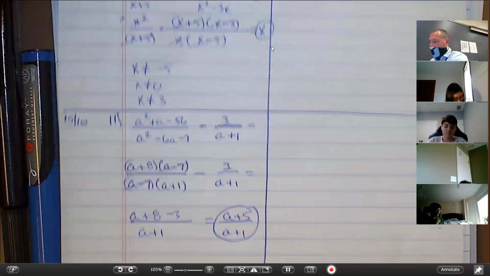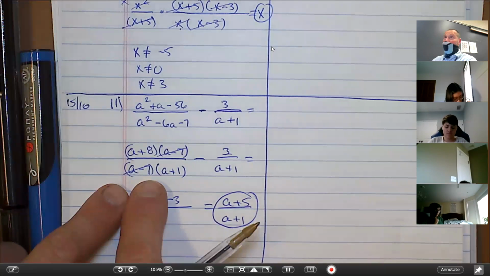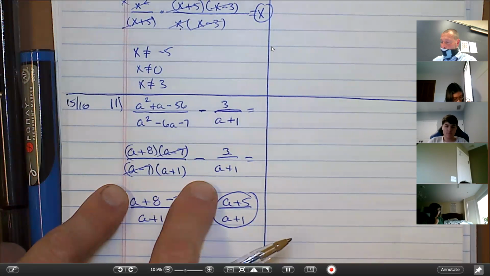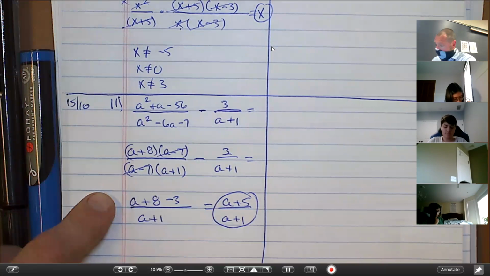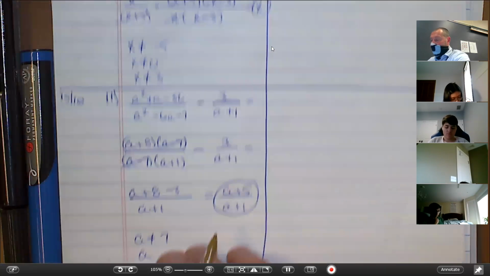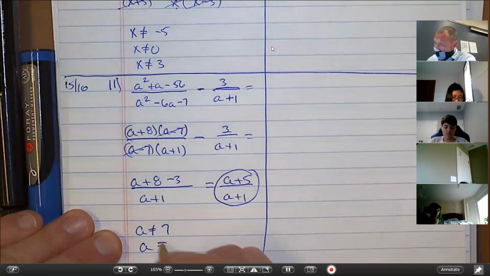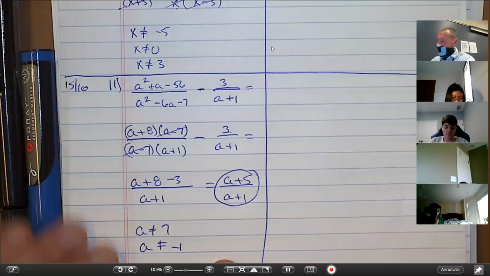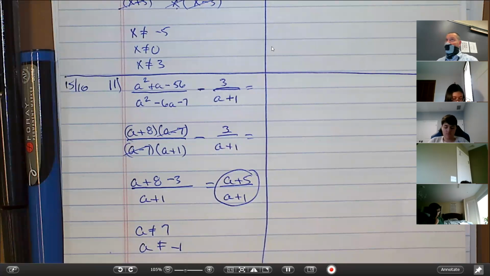If I go back to the original fractions, though, I still have to make sure that 0 is not in the denominator, including the ones I canceled. So a does not equal 7, and a does not equal negative 1. So you also need those restrictions.